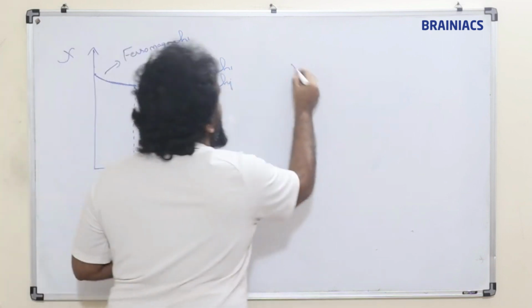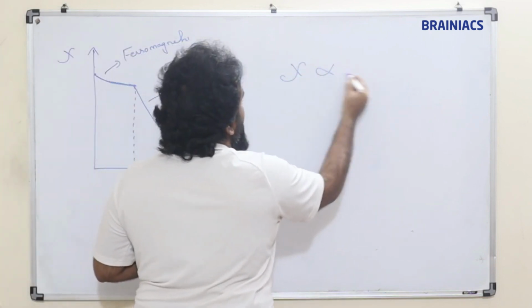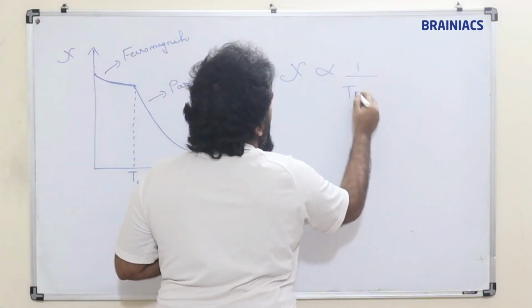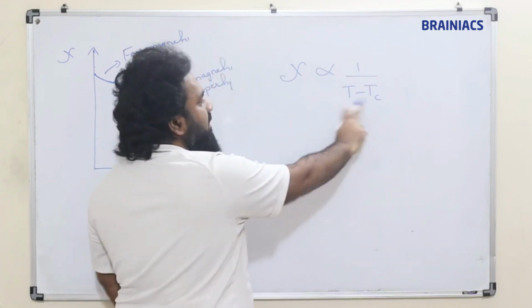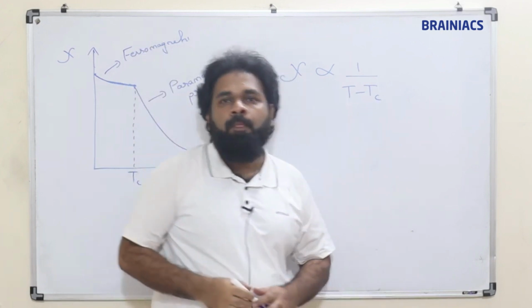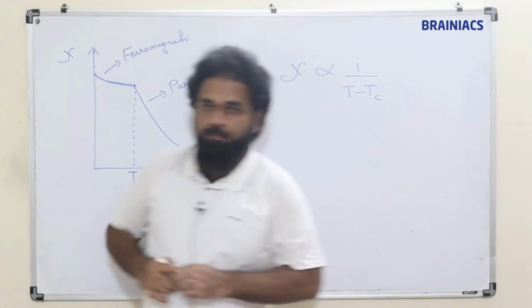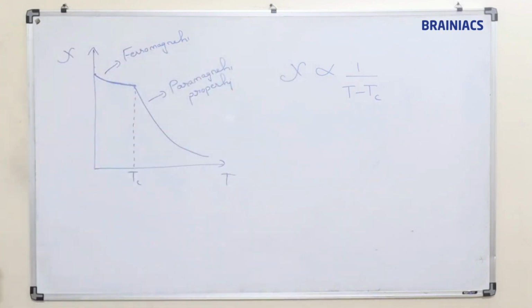And susceptibility is inversely proportional to T minus Tc. T is the given temperature, and Tc is the Curie's temperature. Clear? Note it down.